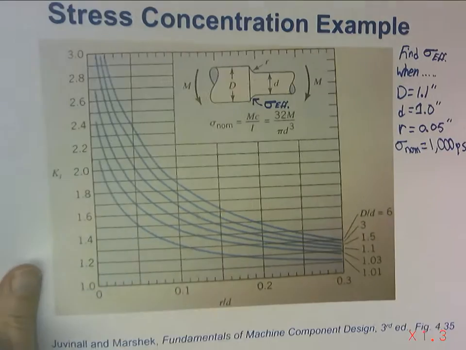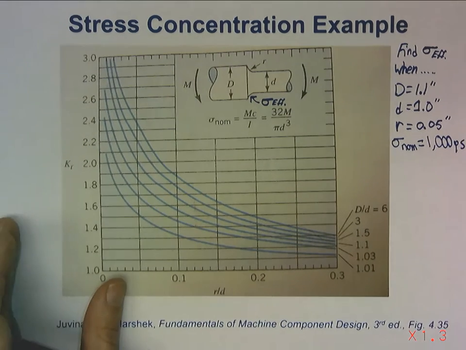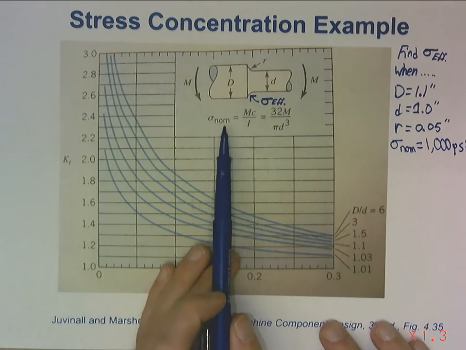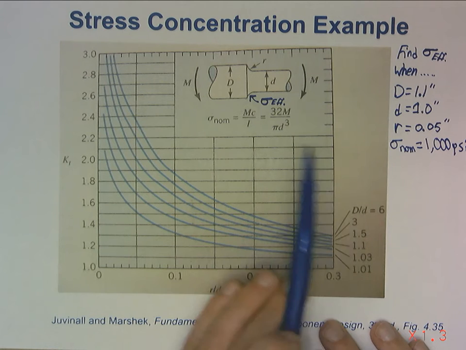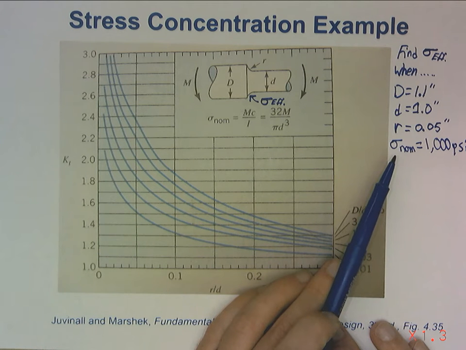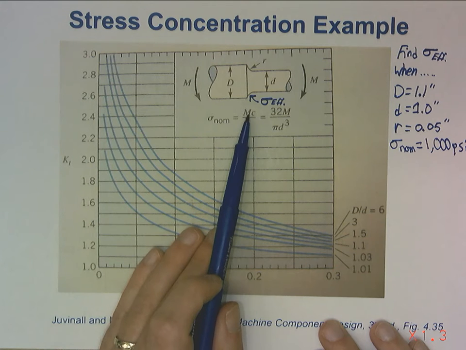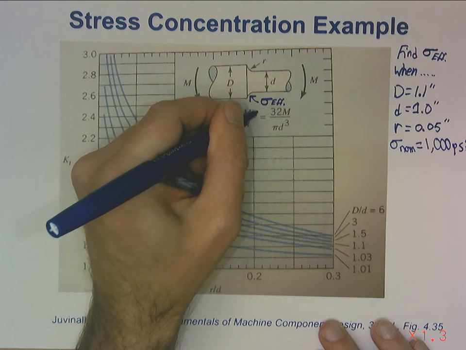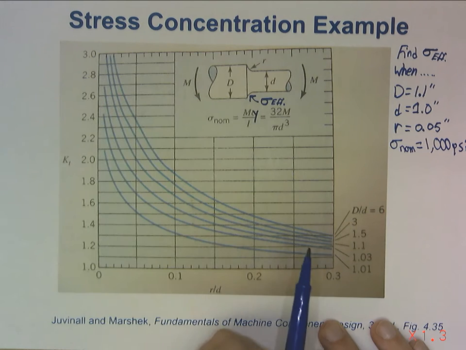So let's look at this chart and see what we have. First off, there's a formula here, but I've already given you the result of that formula. I'm giving you sigma nominal. I'm not giving you the bending moment. If I was, you'd have to plug that in. Your C is actually your, I think Dr. Whitmer usually uses y. I was taught y, not c.